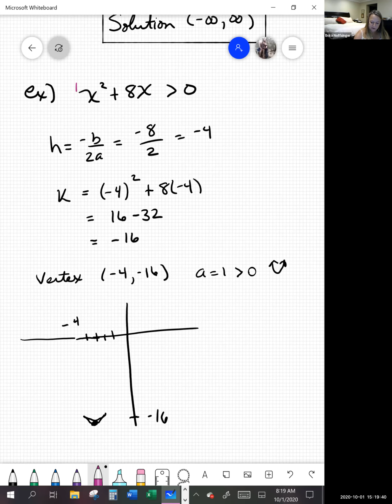And so basically we can see that wherever this crosses is the point where it's going to be above the x-axis for x values bigger than that x-intercept, or above the x-axis for x values less than that x-intercept. So we've got to figure out what those x-intercepts are.